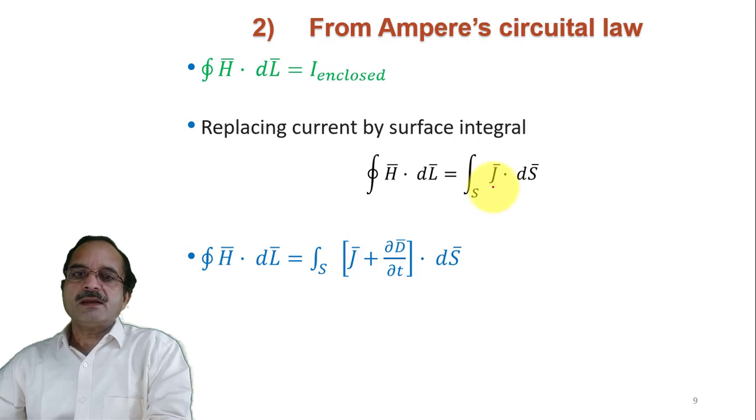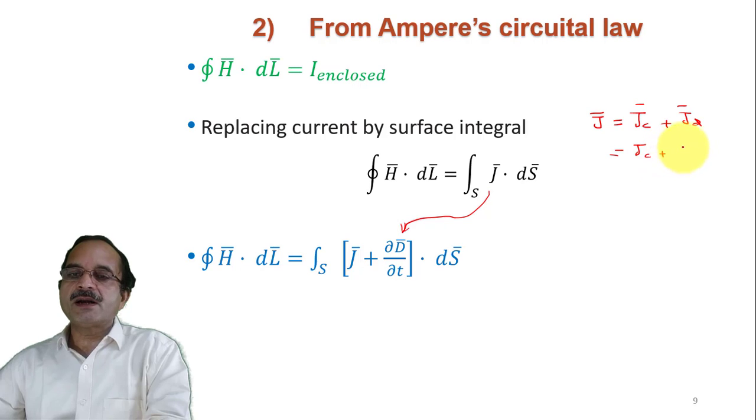We have seen earlier, in case of time varying fields, the current density J has two parts, the conduction current density and the displacement current density. So substituting for J as J plus dD by dt, where J is the conduction current density.